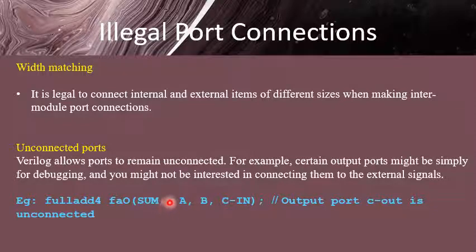Here I have skipped Cout, so I have placed a blank in the Cout place. I have simply connected sum, then a blank, so Cout is not connected, then A, B, Cin. This is an example wherein the output port Cout is unconnected.